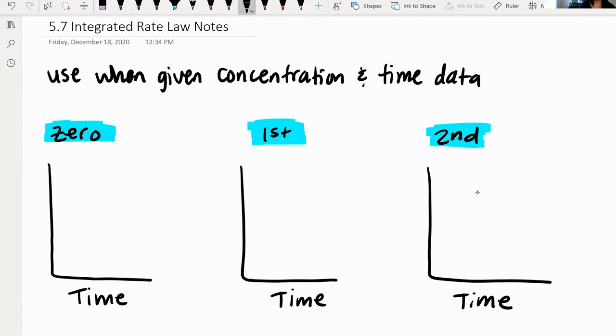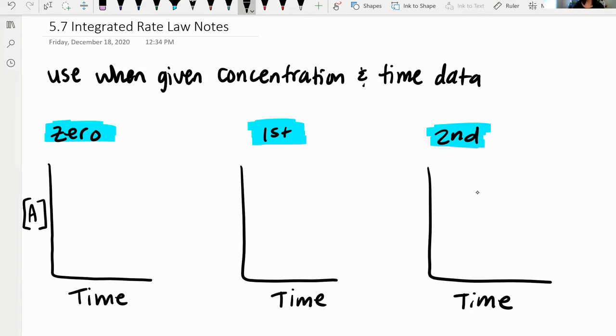For the 0th order graph, we're going to plot square brackets, and we're just going to use the letter A now, and that letter A is the formula for the reactant. Okay, A is just a generic thing that we're writing. So we're going to plot concentration of the reactant on the y-axis and then time on the x-axis.